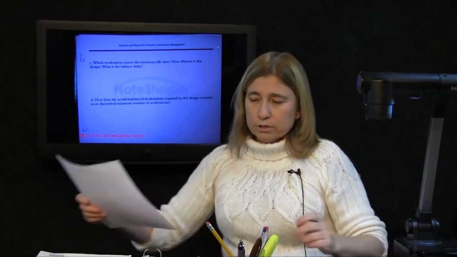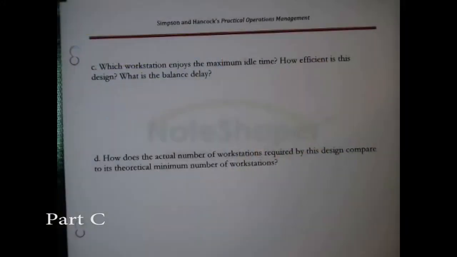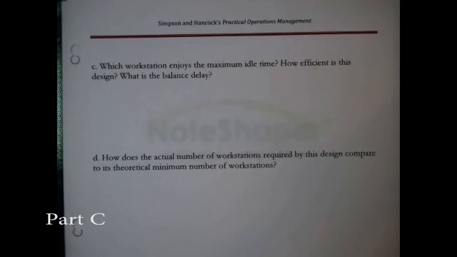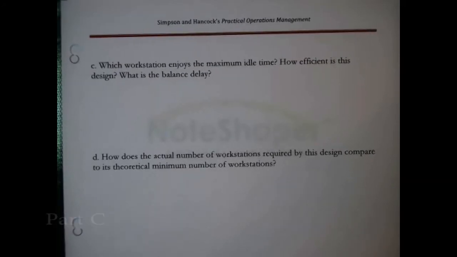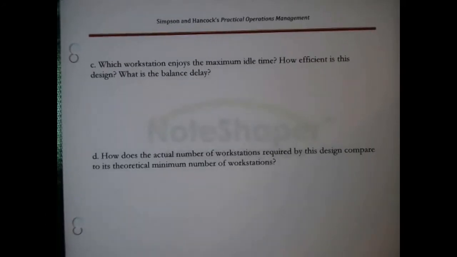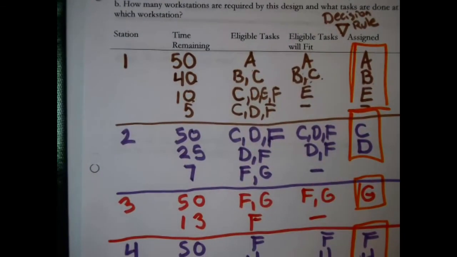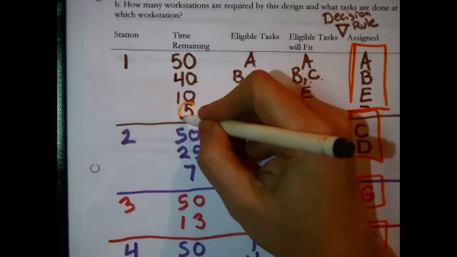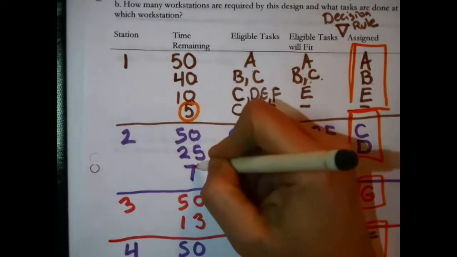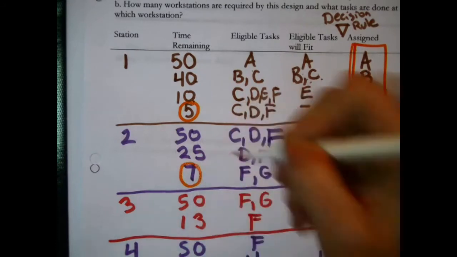What other questions? Which workstation enjoys maximum idle time? Oh, better haul the scratch work back out. Where do you find that? The idle time at each workstation is that leftover little number that you couldn't find any use for.